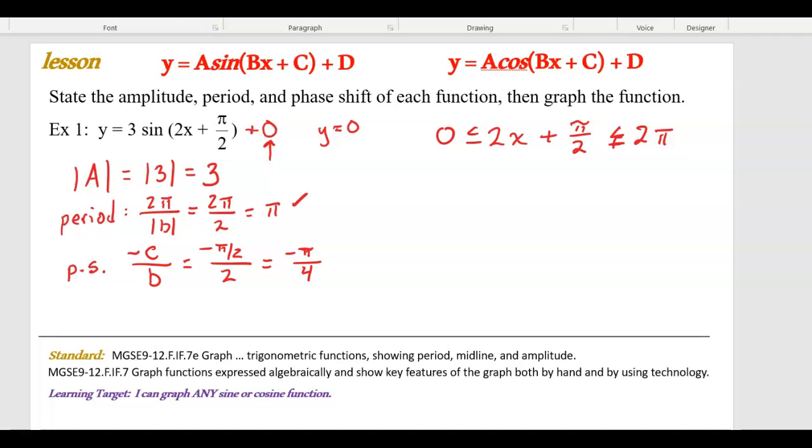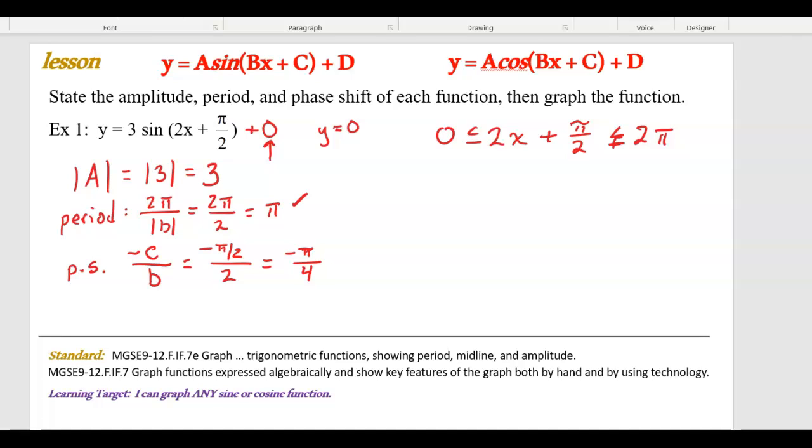So now our x values are going to be shifted. So here's what's crazy. Sine used to always go from 0 to 2 pi initially. Well, now we're shifting the graph left or right. So now we're not starting at 0. So now is when this process becomes really important.